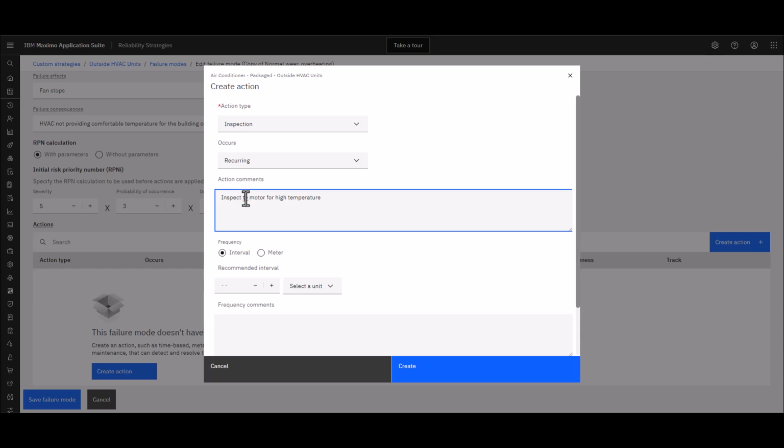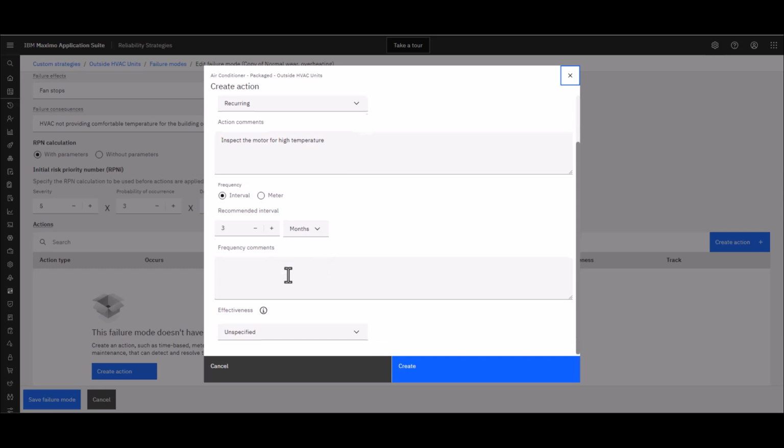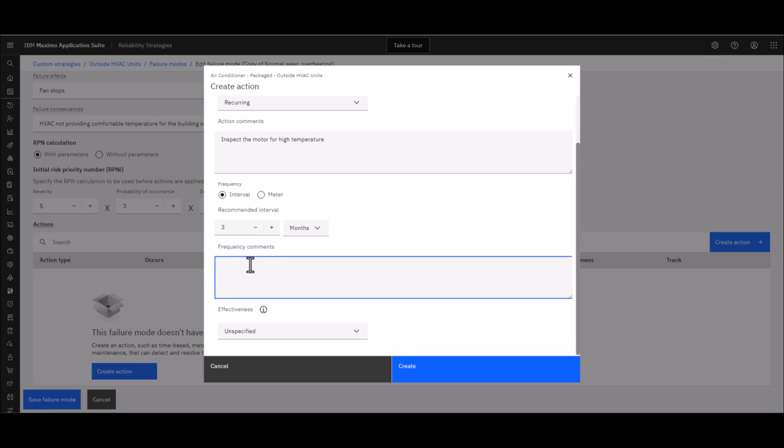Okay, and making sure I spell things properly. And this is going to be an interval, and I am going to do this every 3 months. And my frequency comments, of course, the frequency may change depending on the situation I'm in, environmental or use, or things like that.